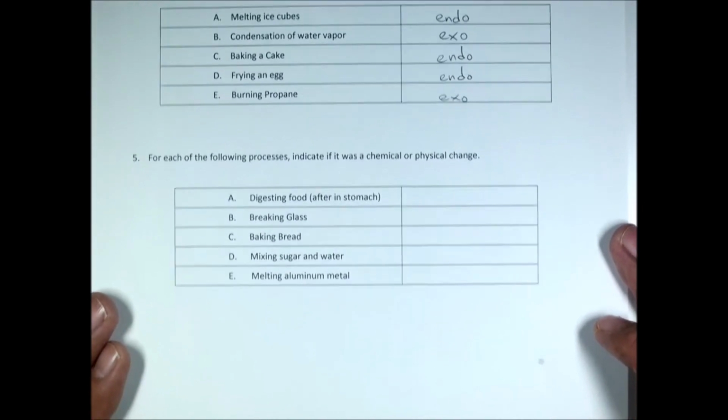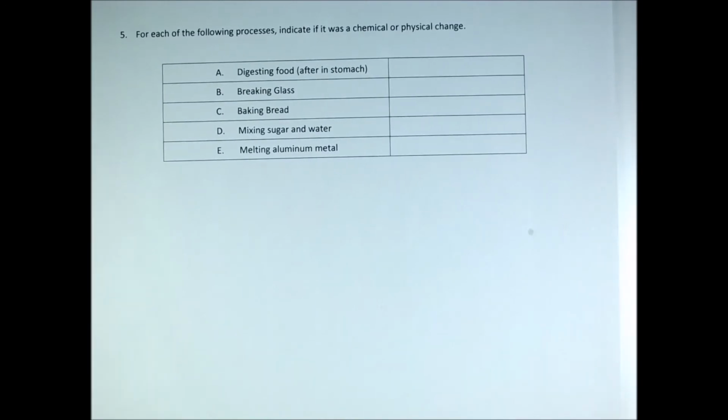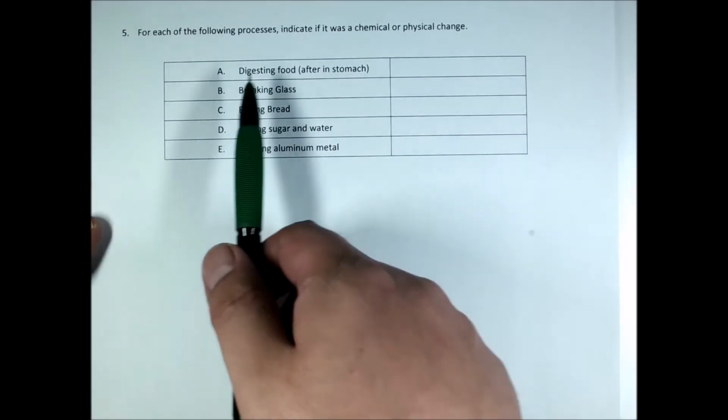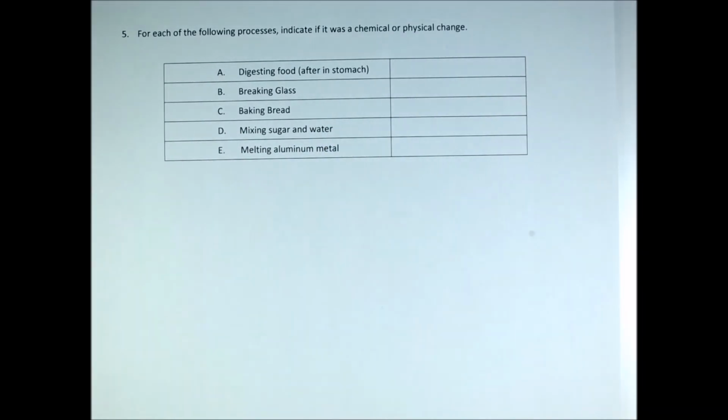All right. Take a look at the next part here. So chemical or physical change. Chemical change is defined as the composition is changing or a chemical reaction. A physical change, your composition is staying the same. And most often there are things like phase changes or you're breaking something, things of that nature. All right, so A, digesting food, and I'm specifically talking about after it's in your stomach.